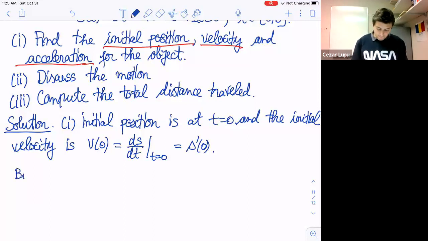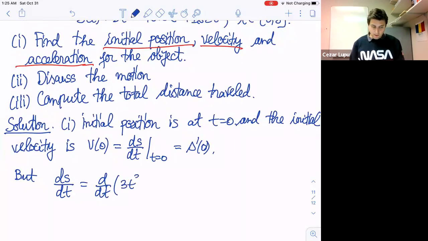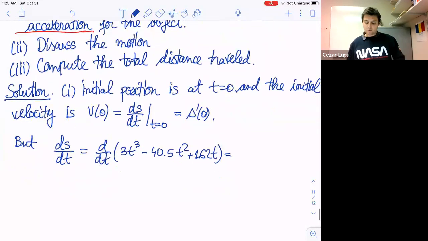Let's look at our function: 3t cubed minus 40.5 t squared plus 162 t.